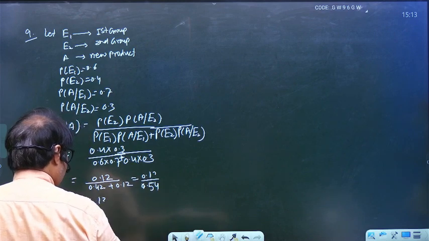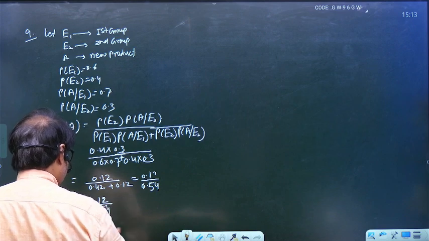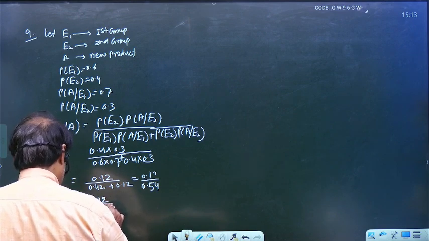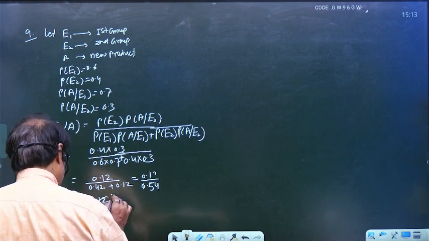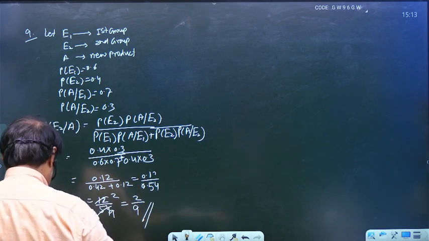So it should be 12 by 54. 6 twos are 12 and 6 nines are 54. So it is 2 by 9.